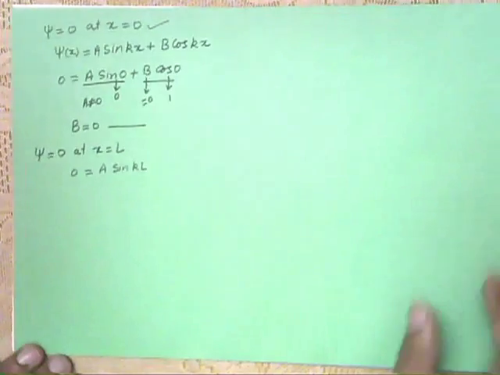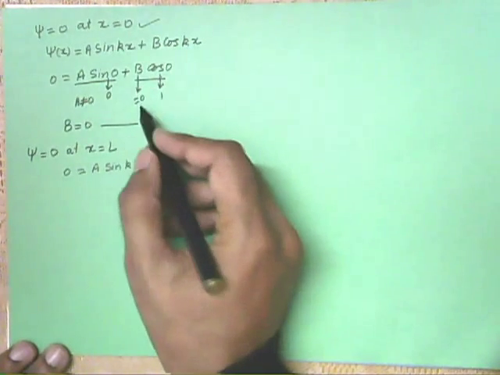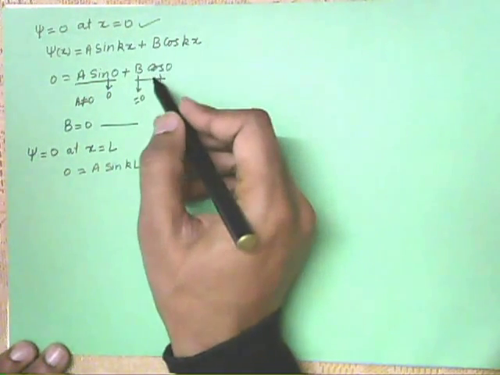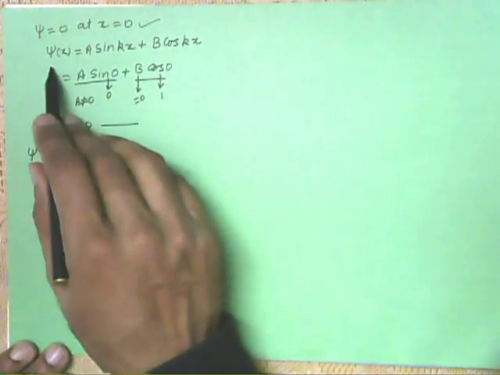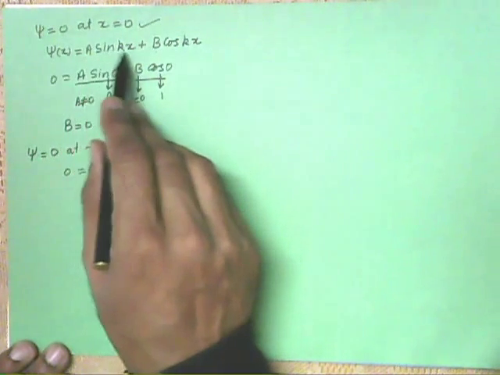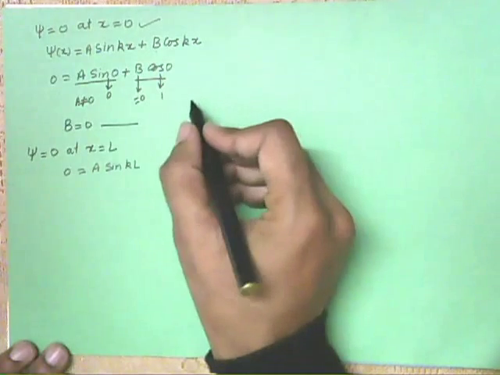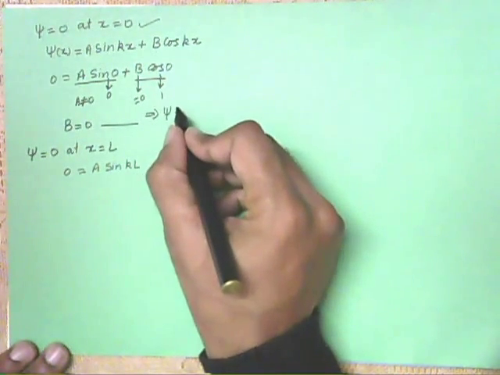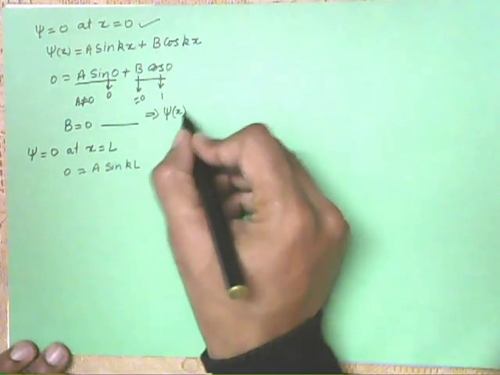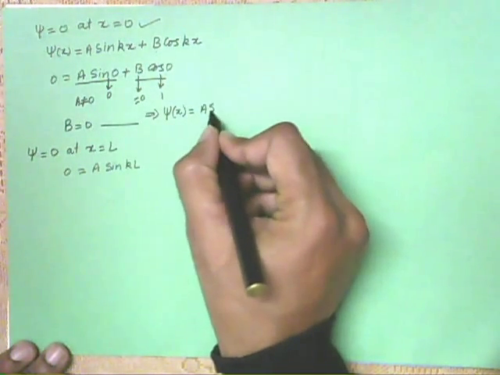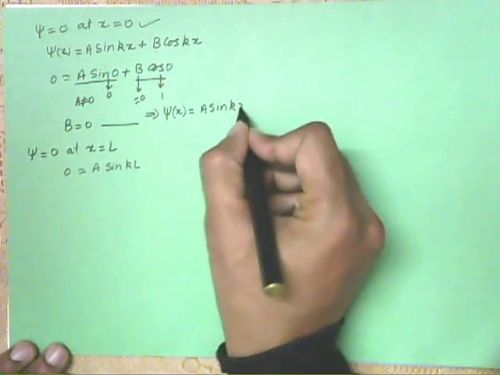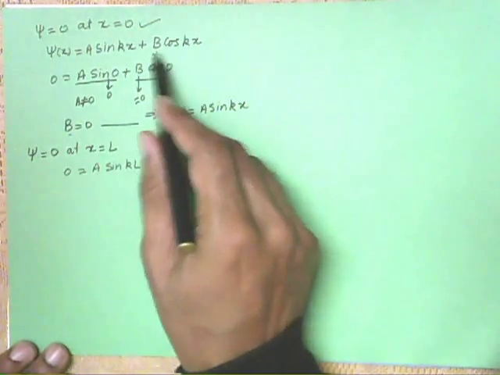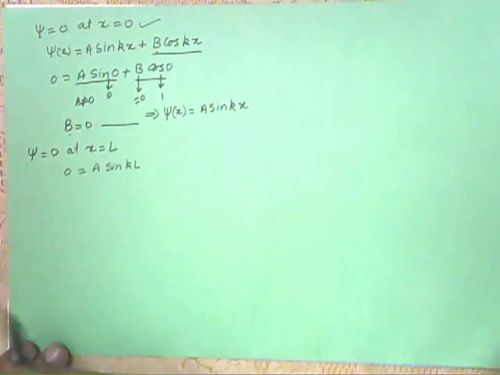And one more thing here: if B is equal to 0, it means psi of x is equal to A sin kx, where B, this constant, is 0. It means the second term is equal to 0 always.